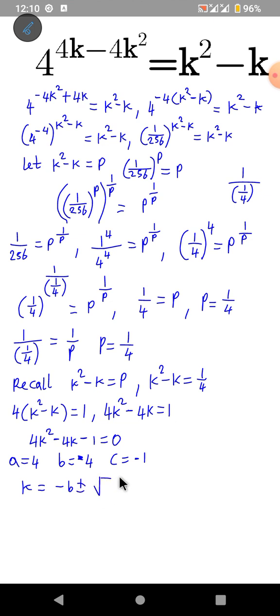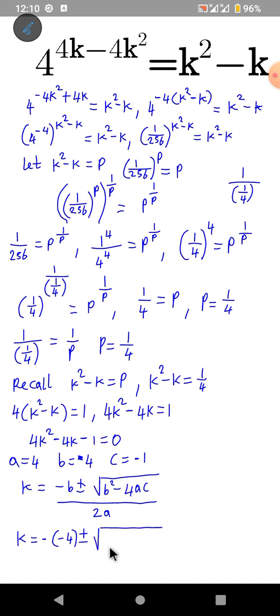square root of b square minus 4ac all over 2a. So now from here, we write k equal to, now this is minus, so we say minus, b is minus 4, so we say minus minus 4 plus or minus the square root.